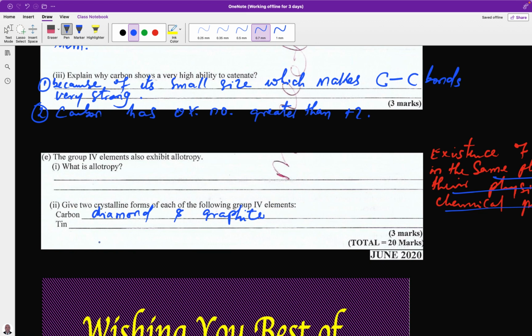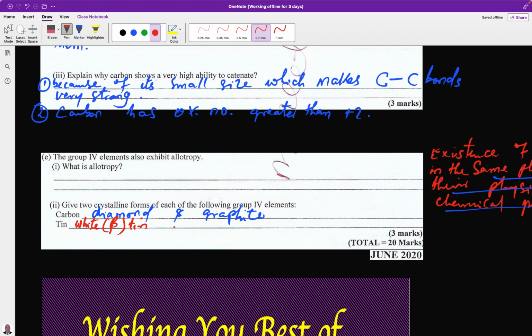Tin has different crystalline forms. There is white tin, which we call beta tin.